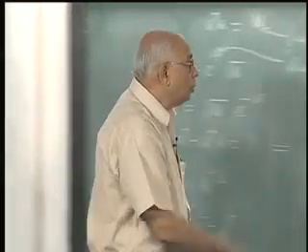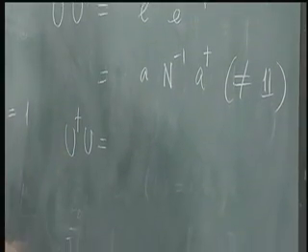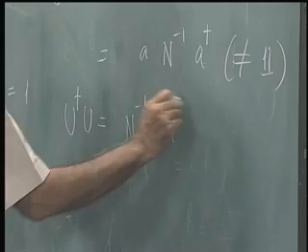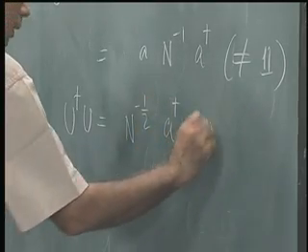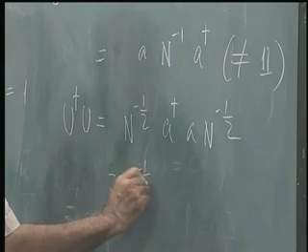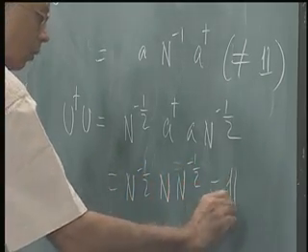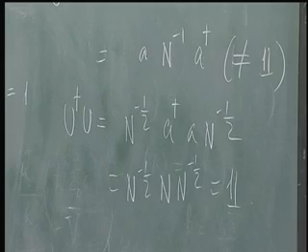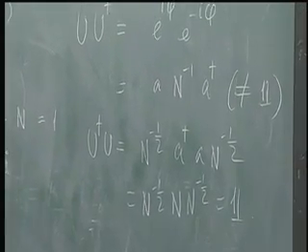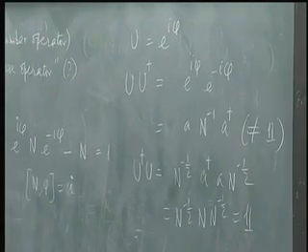On the other hand, if I do U dagger U, you get n to the minus half a dagger a n to the minus half, but this is n to the minus half n n to the minus half, equal to the unit operator. So here is our first indication that everything is not alright, because these are infinite dimensional Hilbert spaces.